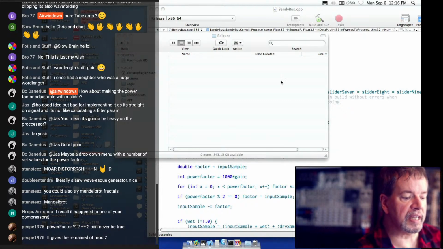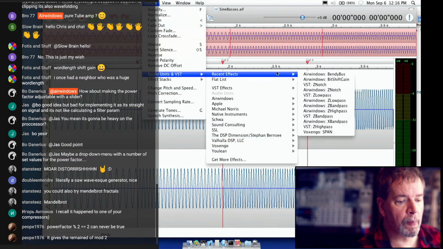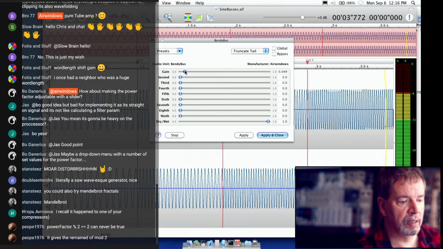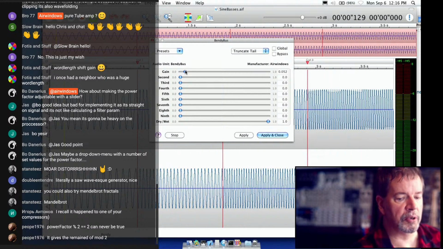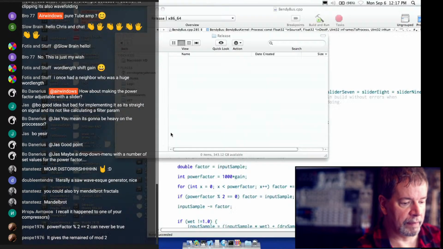And then we shouldn't even need to normalize. We'll hear this immediately anyhow. Is this cutting out? Yes. So on odd numbers, it does cut this out.